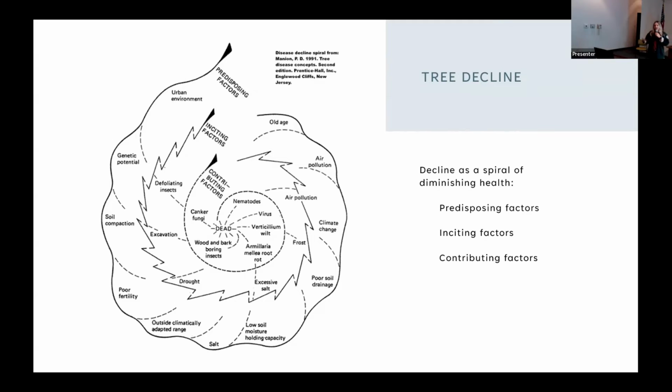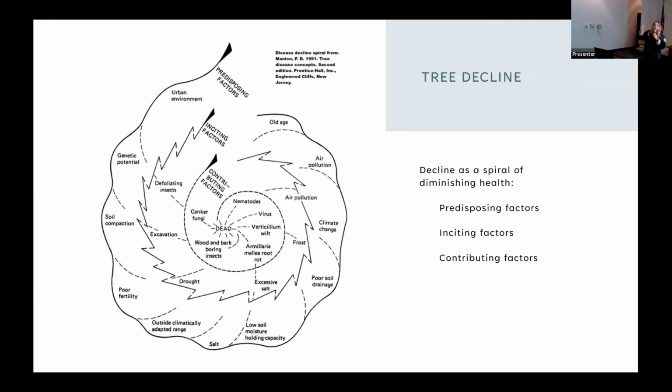And so you have this outer ring, which is the predisposing factor. That might be the planting site, climatic variations, and then you can get the inciting factors. That can be defoliating insects, droughts, frost, different things. And then you can get contributing factors, and that's where you get the wood borers, the fungi, things like that.